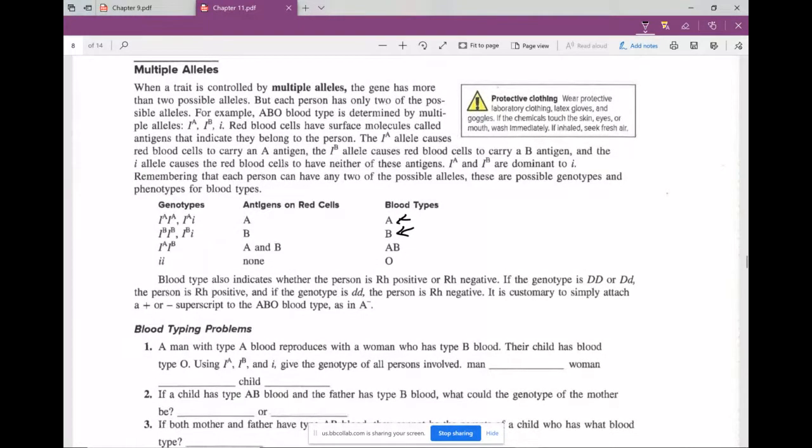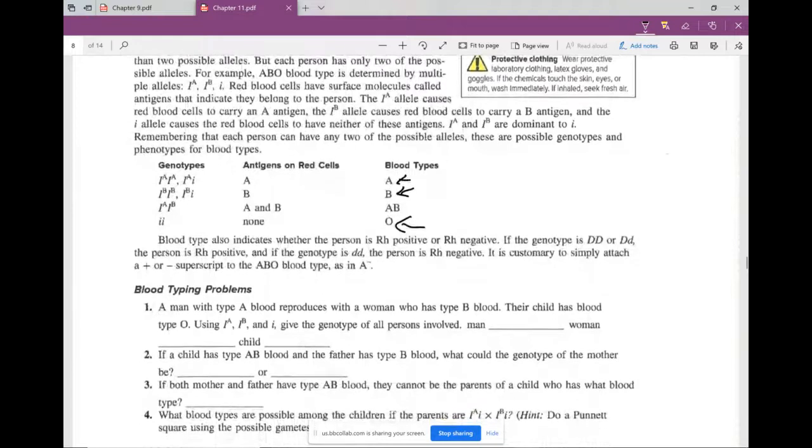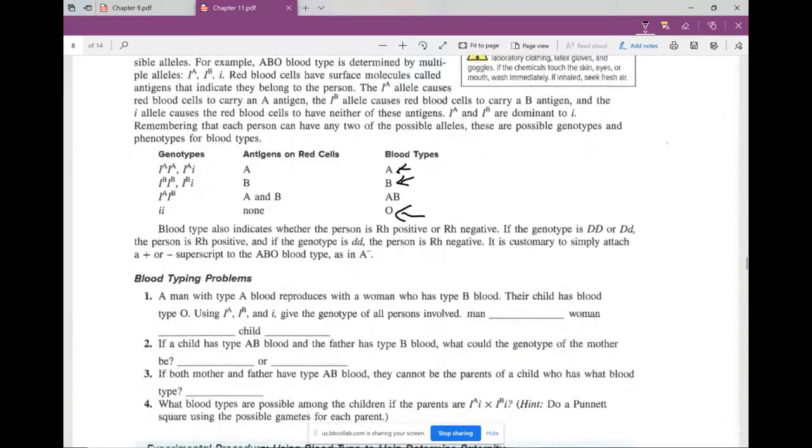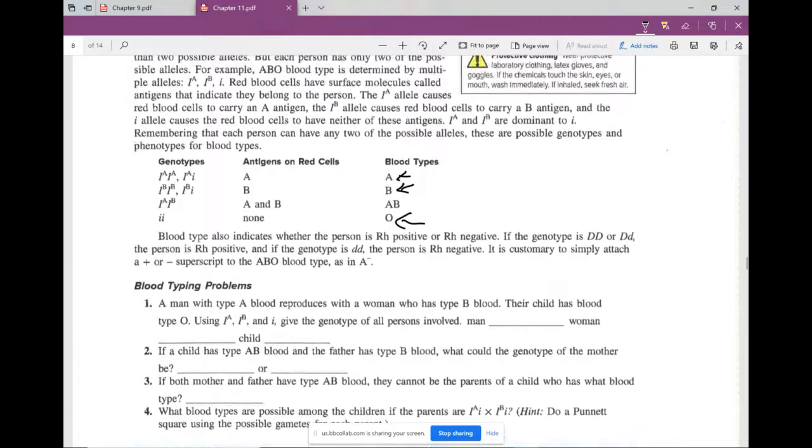In the population, you can have either one of the two alleles or both, or the absence of either one, which is the O blood type. So we have a situation where we have codominance.